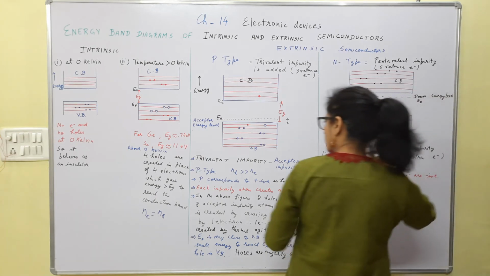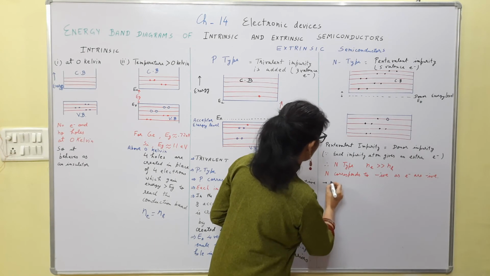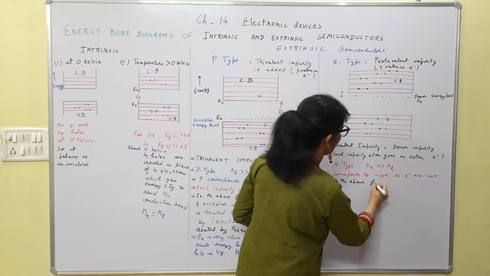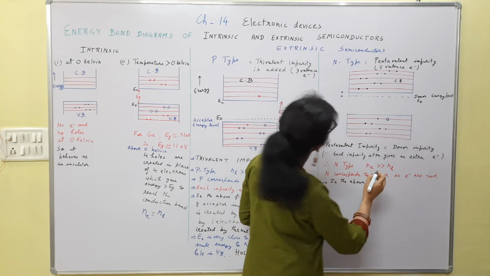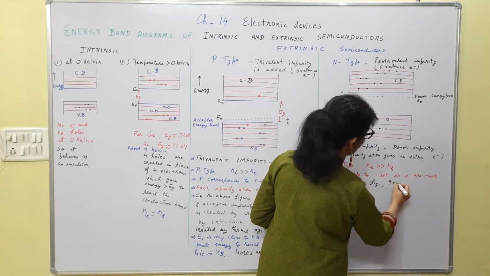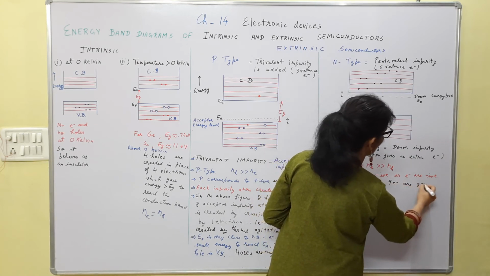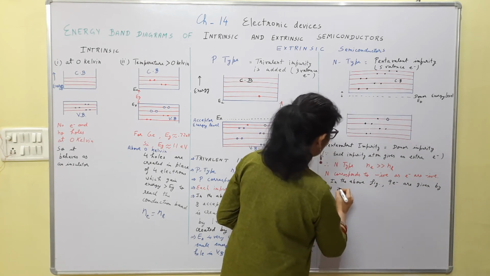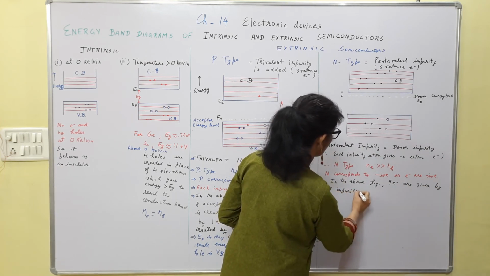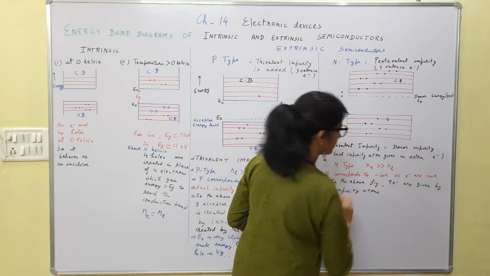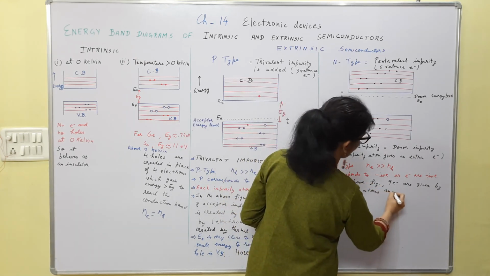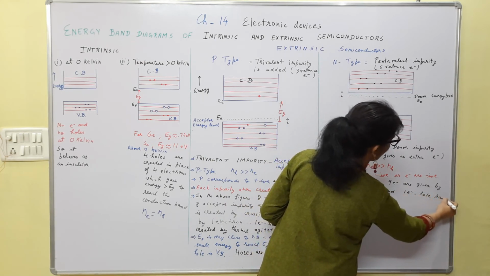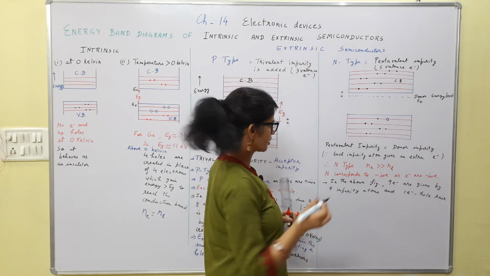So you can mention over here that in the above figure, 9 electrons are given by 9 impurity atoms and 1 electron hole pair is created by thermal agitation.